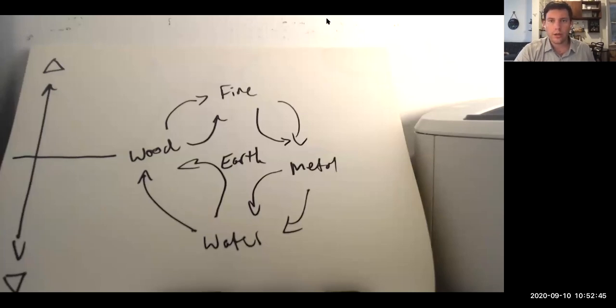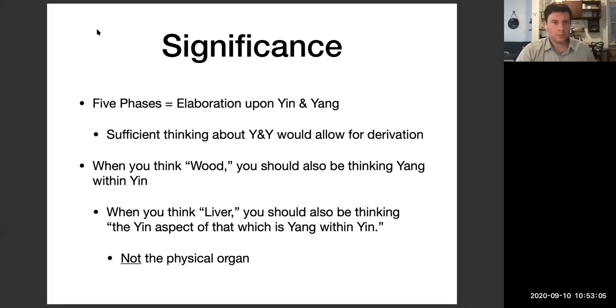Would someone put in the chat the yin wood organ? Great, thank you, Kira. Liver. So when we say wood, this is really just a shorthand for yang within yin.